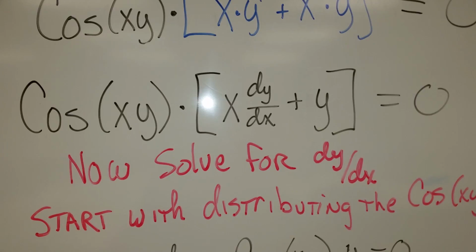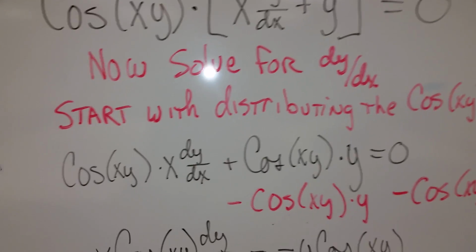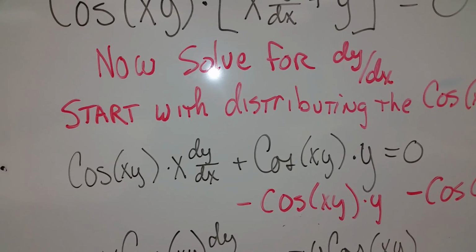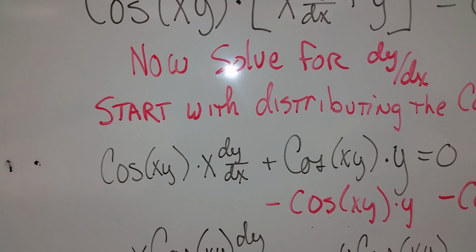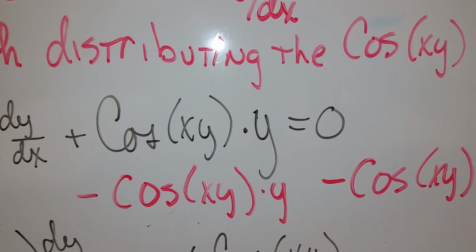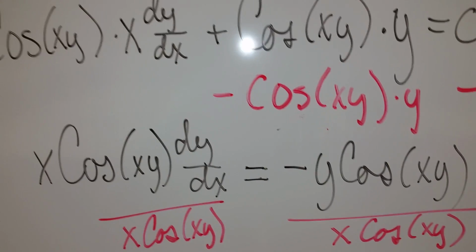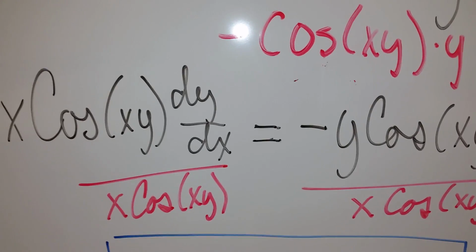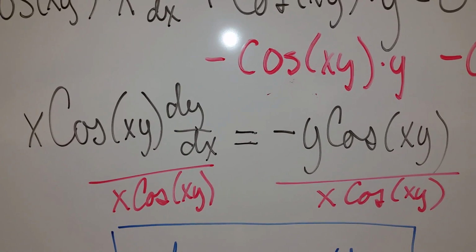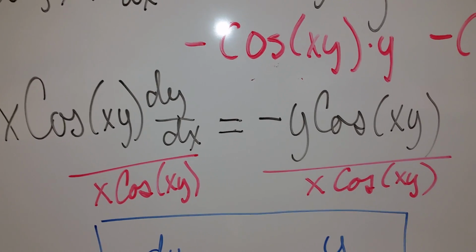So to do that, we're going to have to distribute our cosine of xy across the board, and then start isolating the dy dx. We do that by subtracting away this other term from each side of the equation. That'll give us that, and we can get rid of everything that's multiplying the dy dx by dividing it away.